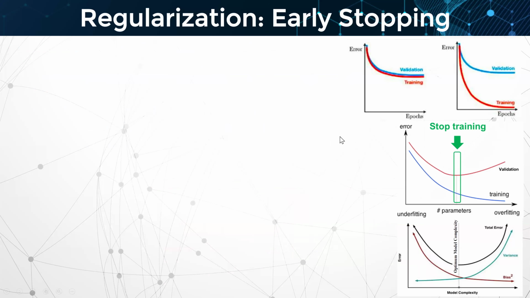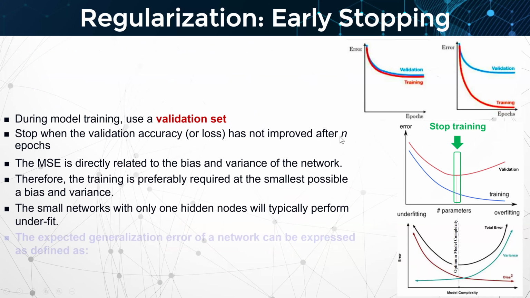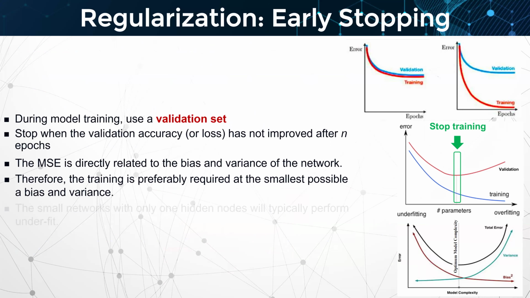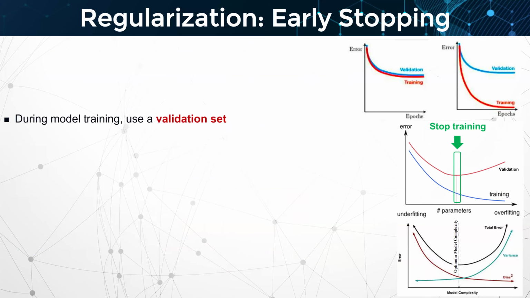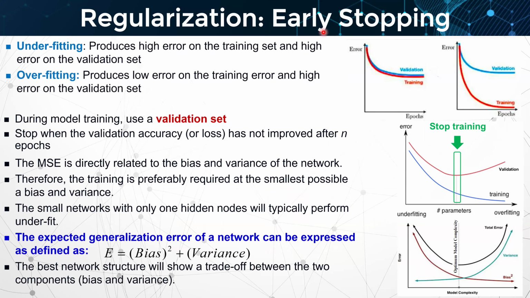And here is a very important aspect regarding neural networks: generalization and regularization. Generalization means avoiding overfitting or underfitting of the network.